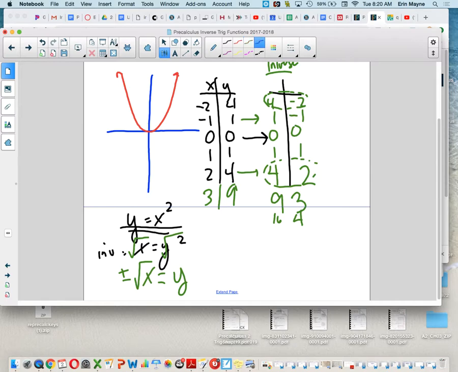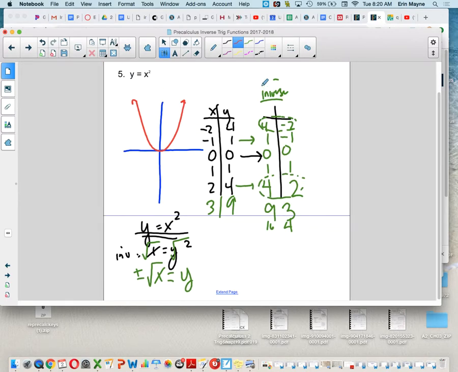But because of what we just said, that yields a table in which my inputs would yield more than one output. We do what's referred to as we restrict the domain. Does that sound familiar? We restrict the domain so that I look at all the values of the range.